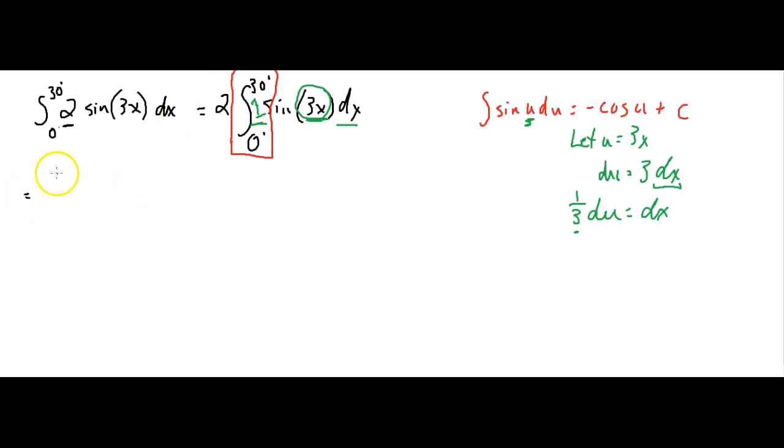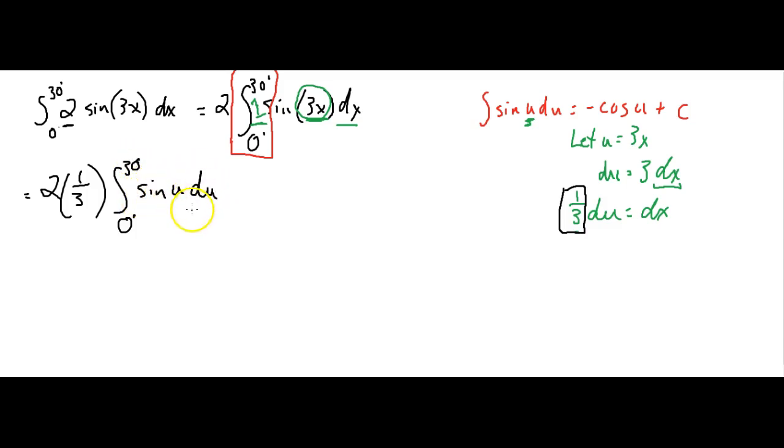So this is equal to, I have the 2. This becomes also part of the coefficient, and it becomes the integral from 0 to 30 of sine u du. Now why does that fit?